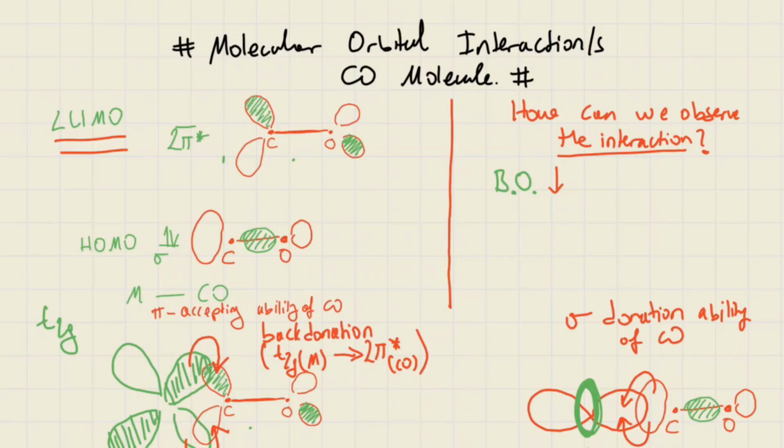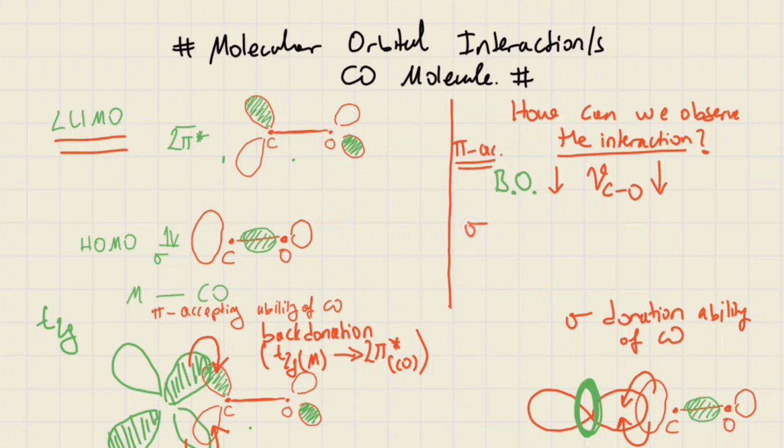If the bond order decreases, then the CO stretch in infrared spectroscopy also decreases, and vice versa. So this is the pi accepting case, or the CO back donation case. It is the same thing.